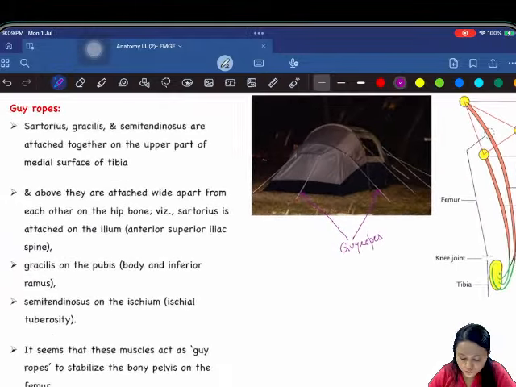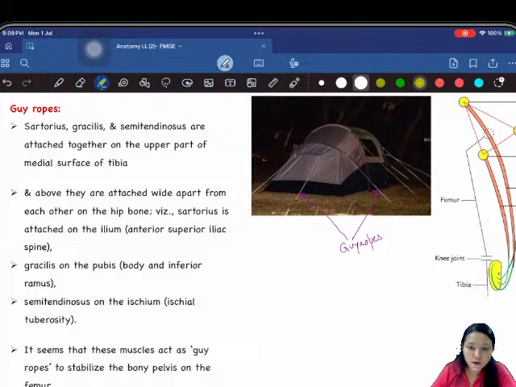Now, what are guy ropes in anatomy? You know there are muscles: sartorius, gracilis, and semitendinosus. These muscles insert into the upper part of the medial surface of the tibia, and in between they have the bursa, that is the pes anserine. Above, they are attached wide apart on the hip bone.